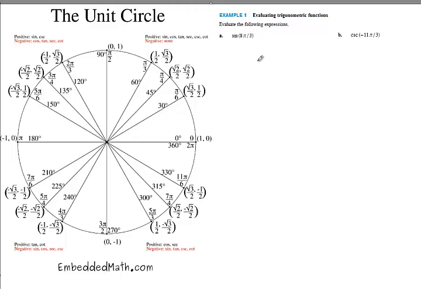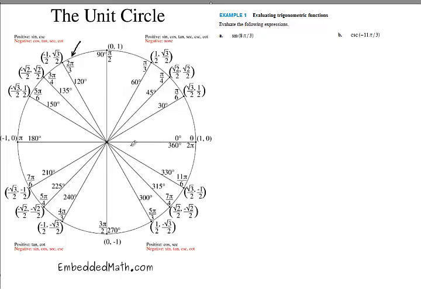They've asked me to evaluate the trig function for sine of 8 pi over 3. 8 pi over 3 is basically, here's 1 pi over 3, 2 pi over 3, 3 pi over 3, which reduces to pi, 4 pi over 3, 5 pi over 3, here's 6 pi over 3, which is 2 pi. That would make this 7 pi over 3, and then 8 pi over 3.